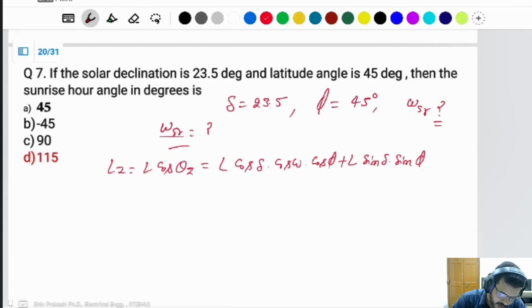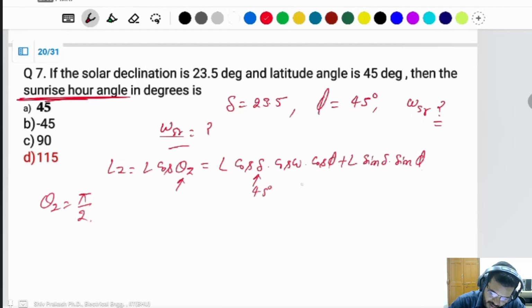It's asking about the sunrise hour angle. At sunrise and sunset, the zenith angle theta z is equal to 90 degrees, and the latitude angle is given as 45 degrees. What hour angle is being asked? The declination angle is also given, 23.5 degrees, and phi is 45 degrees.